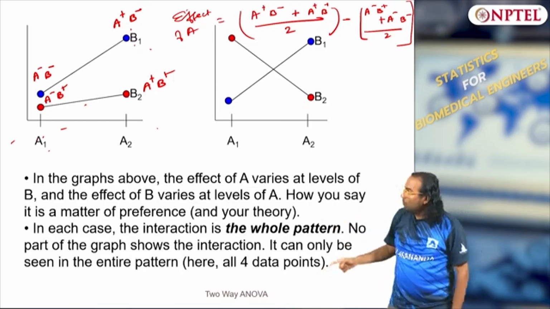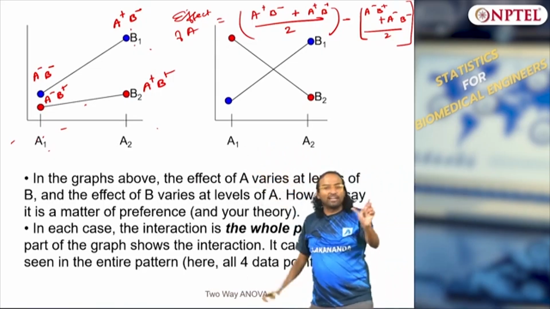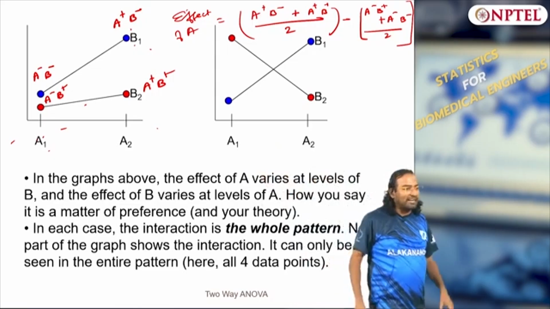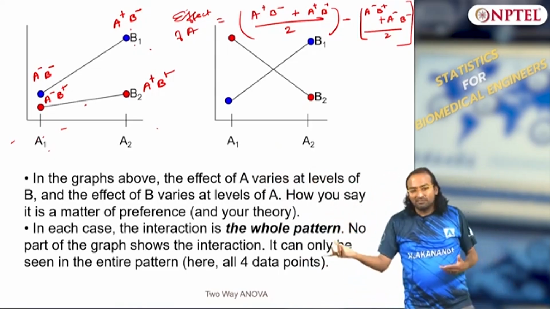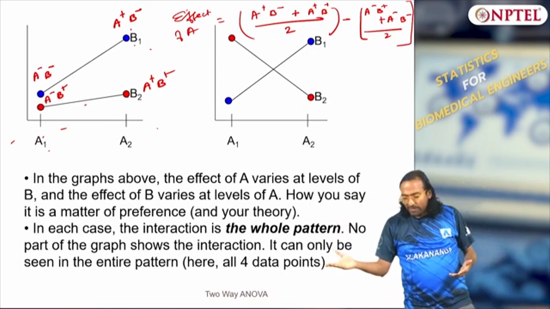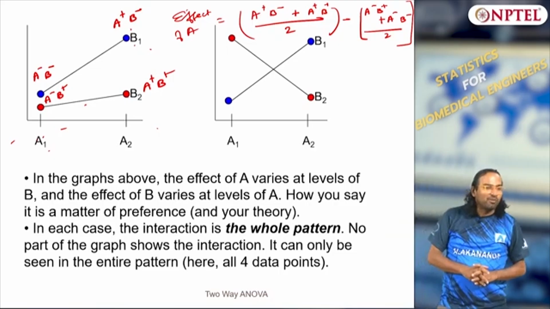So what I should do? I kept A both positive irrespective of B, I took an average, and then A at low level I averaged it for 2 levels of B, then I take the difference. This is main effect of A.